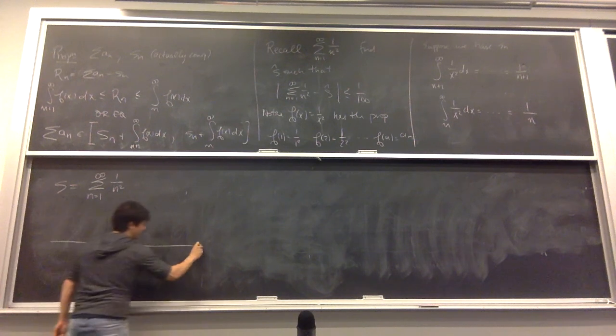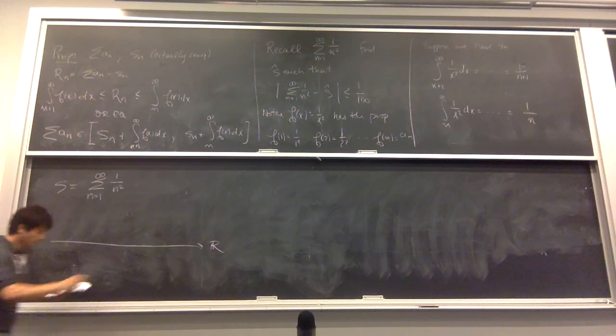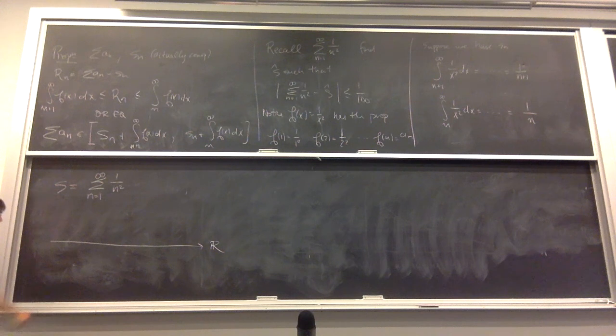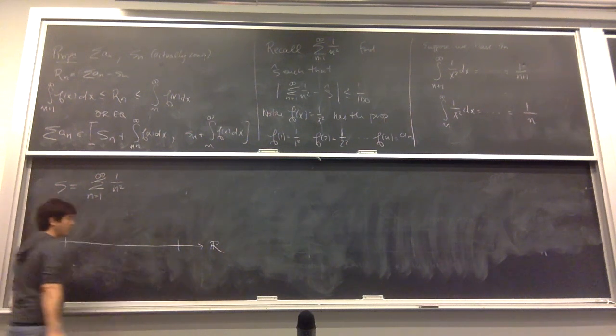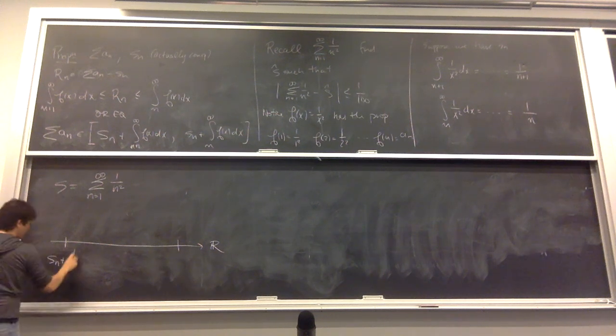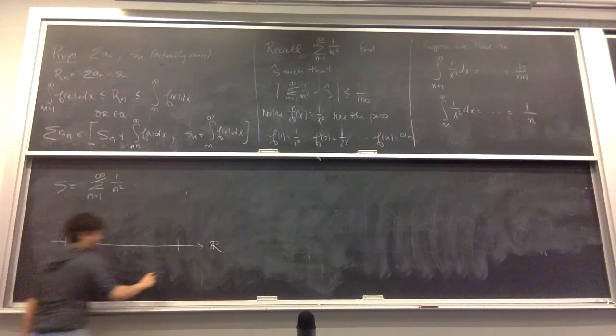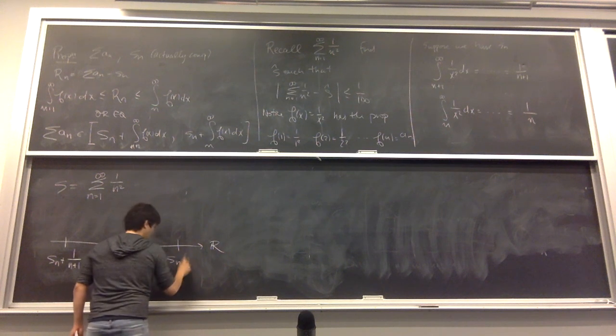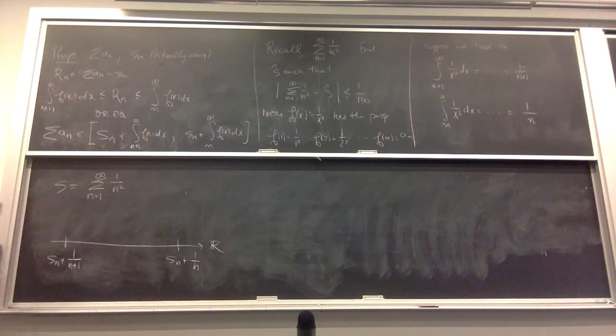So if this is the real number line, we know the true value has to lie somewhere in between Sn plus that integral, which is 1 over n plus 1, and this partial sum plus 1 over n. That's just what the proposition told us. This is just the interval drawn as a number line. So we know that S, the true value, is somewhere in here.